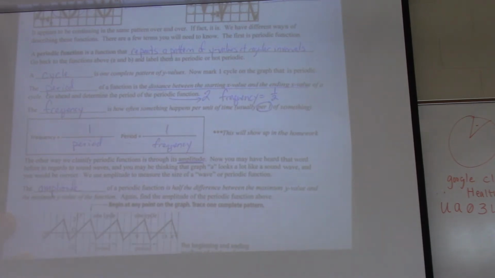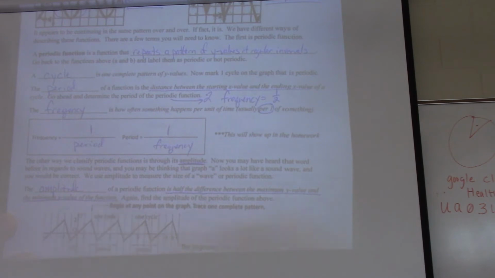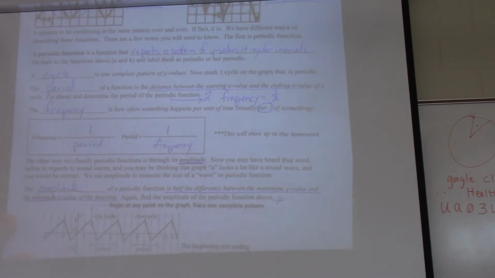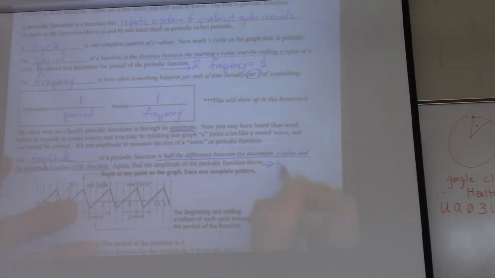of a periodic function is, and we're going to underline this even though it's in italics, half the distance between the maximum y value and the minimum y value of a function. Now I'm going to put this in real words because I really like what Dante just said. He said it's the distance between the highest and lowest points.